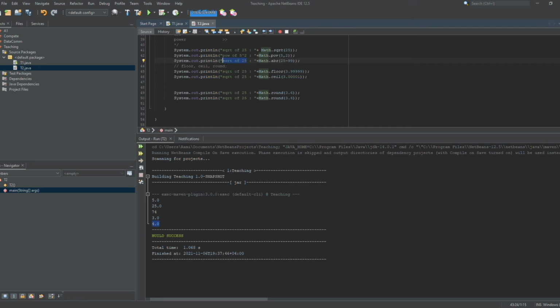And this is the absolute of 25 minus 99. Then we have floor of 3.999, ceiling of 3.